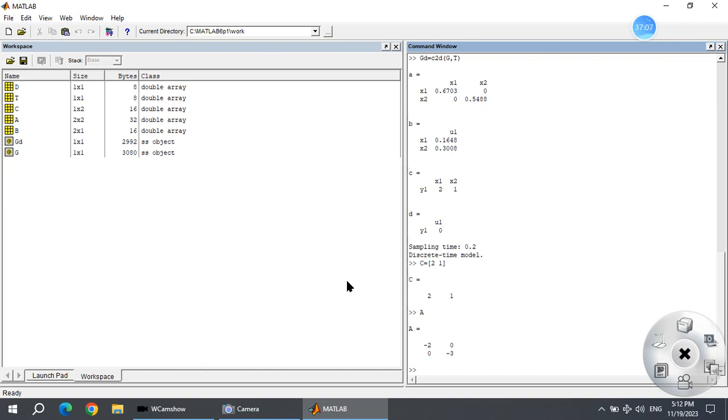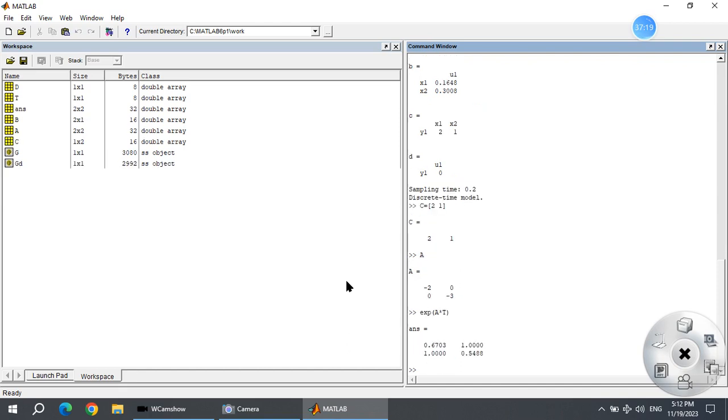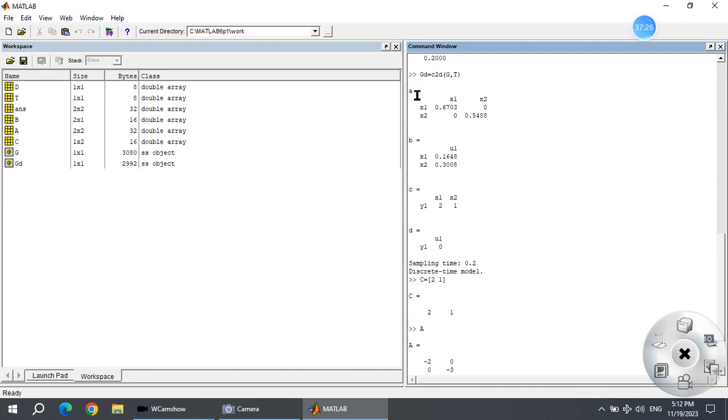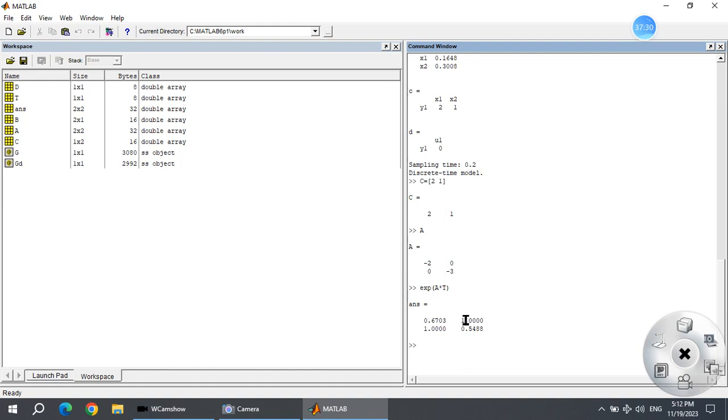Okay, so we have A, and we want to calculate the exponential power of A. You cannot use exp of A times T, that's different. That is the exponential element by element. You see, you will have this one. It's not this A. Here it's 0, 0, and now you have 1 and 1 here.